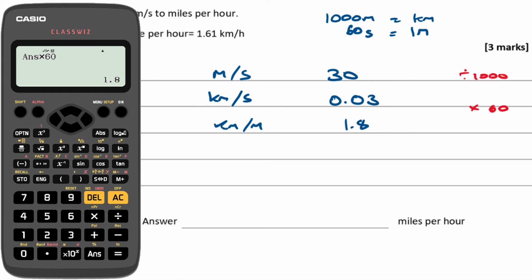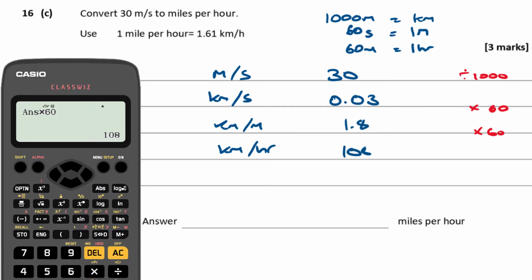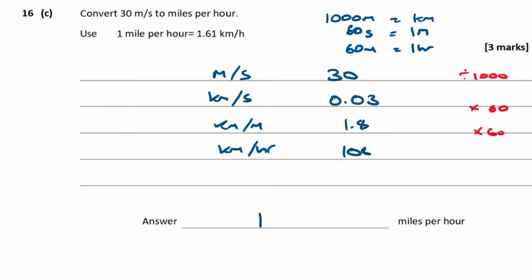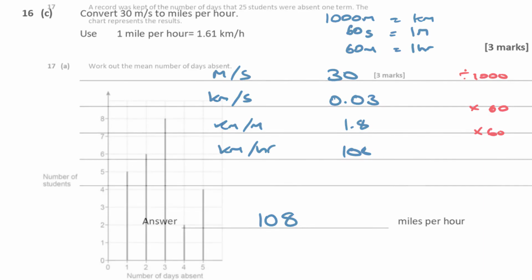And again, if I times that by 60, because there are 60 minutes in 1 hour, then I can convert that to kilometers per hour. So 1.8 times 60, that gives me 108. Okay, so 30 meters per second is the same thing as 108 miles per hour. So pretty fast.